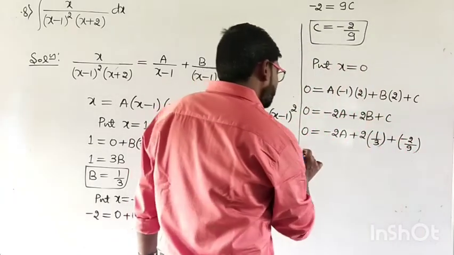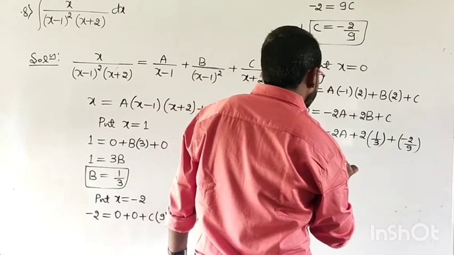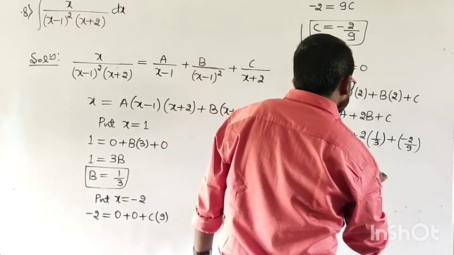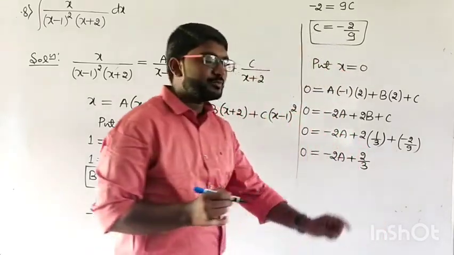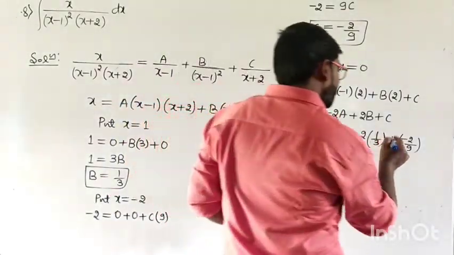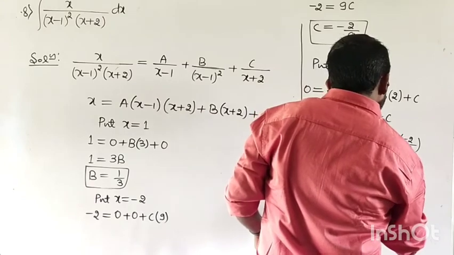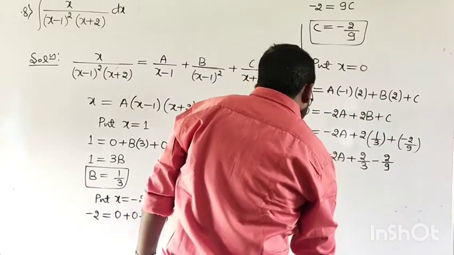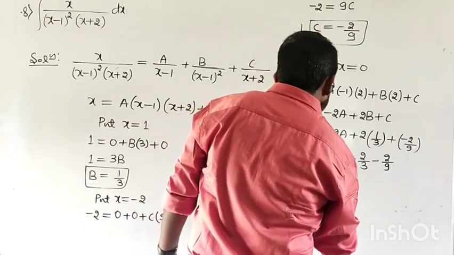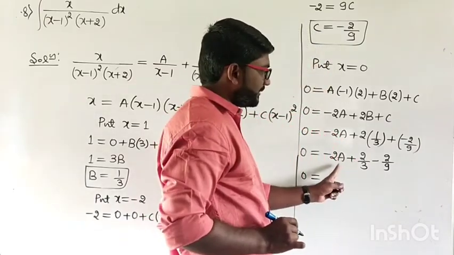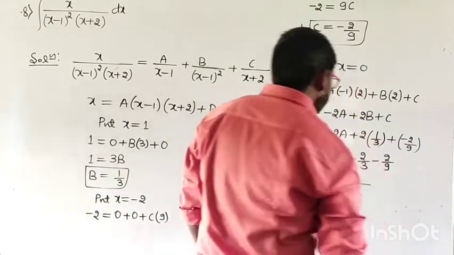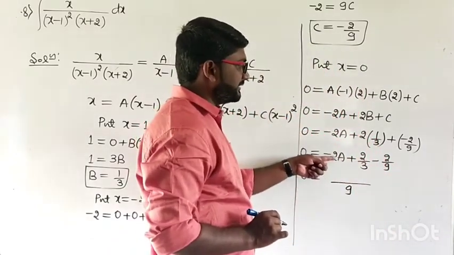So now 0 is equal to minus 2a, then this becomes plus 2 by 3, then this becomes minus 2 by 9. So now let us take up the LCM. The LCM of 1, 3, 9 will be 9. Then multiply 9 with this now.